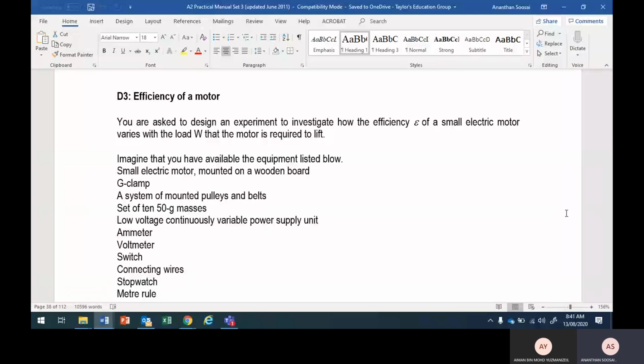Okay, for the mass to go up, you can also use a light gate if you want the height and time taken to rise up.